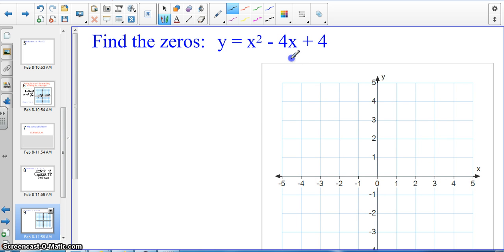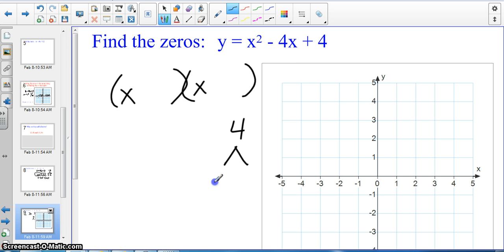Find the zeros of this. x squared minus 4x plus 4. I'm still going to factor it. So x and x. Now what two numbers will multiply to 4 and add to negative 4? Well, you can think 1 and 4. Can you change these up so that they would add up to negative 4? No. What about 2 and 2?